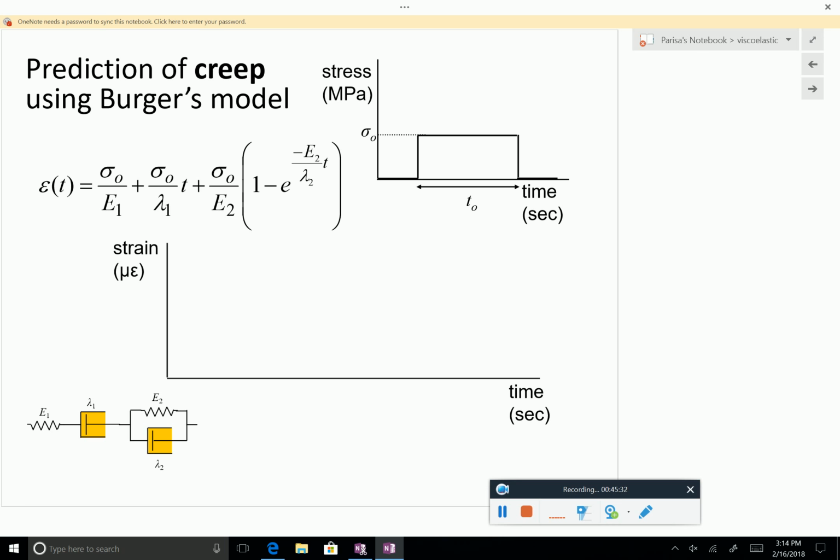Models can be linear, non-linear, elastic.